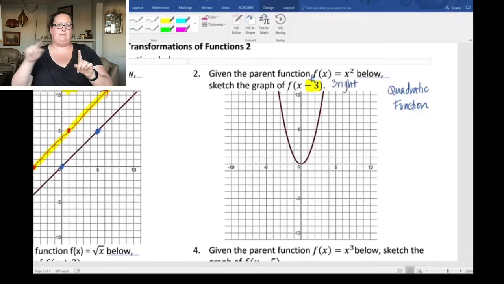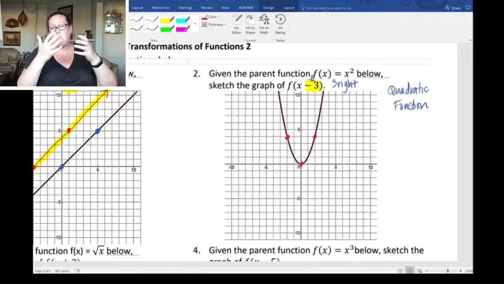Let's pick 3 points on the graph. Let's go with 0, 0, -2, 4, and 2, 4. And just a reminder, you can pick any 3 points you want. Now let's move the points. Let's start off with 2, 4. So 1, 2, 3.